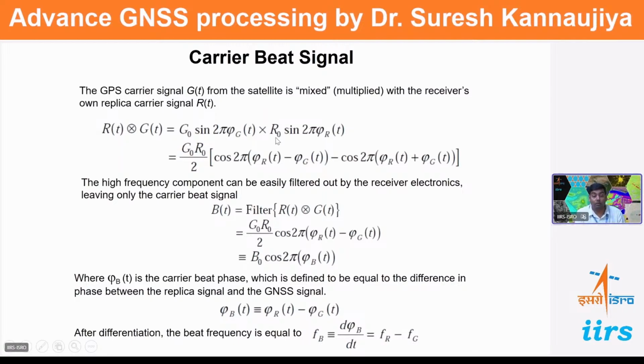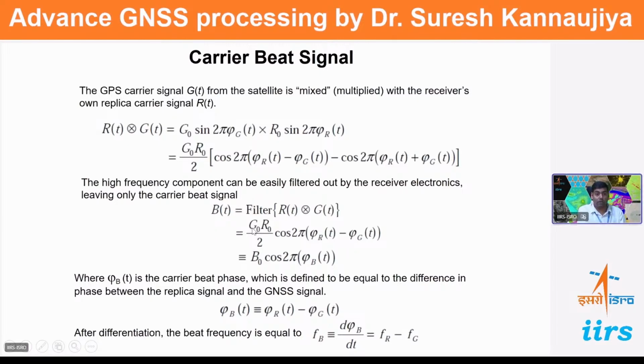Then we have to eliminate the frequency component, which we don't want because it is producing more error. So we need to eliminate this, and it will leave only this component. To eliminate it, we have to filter it out.